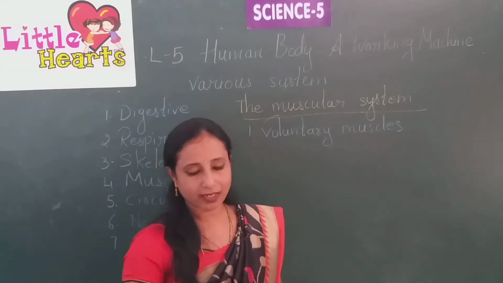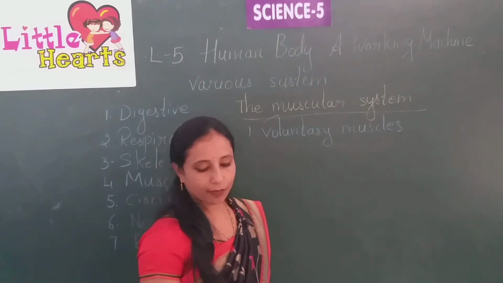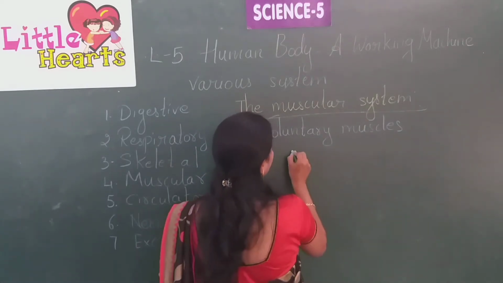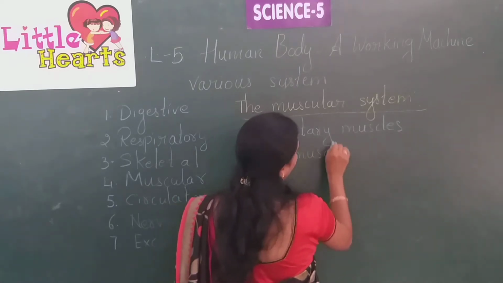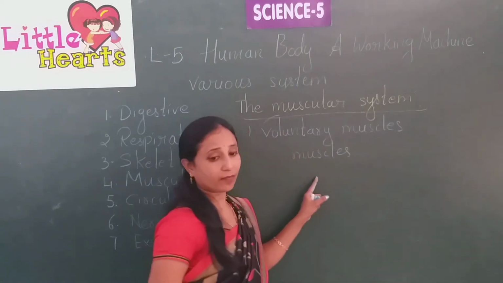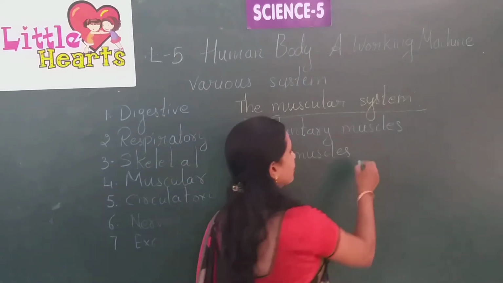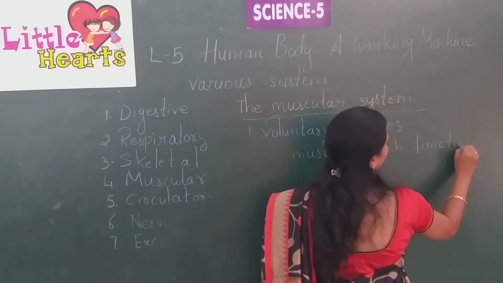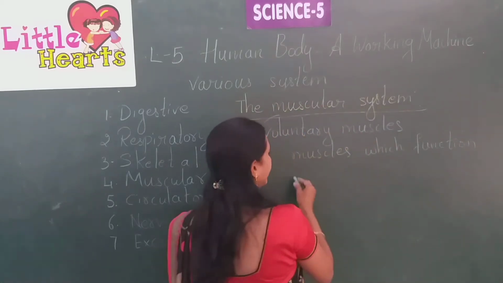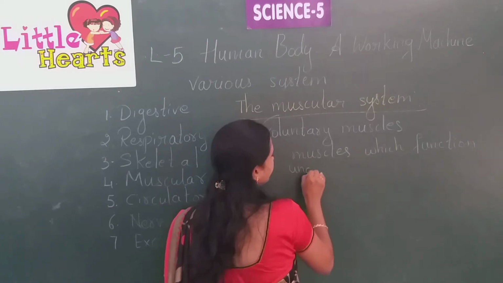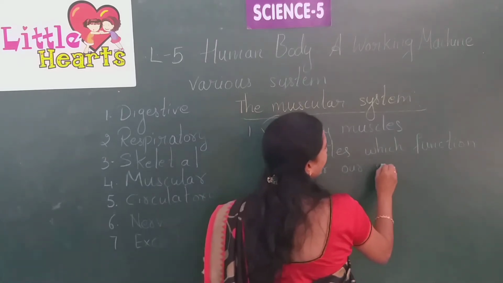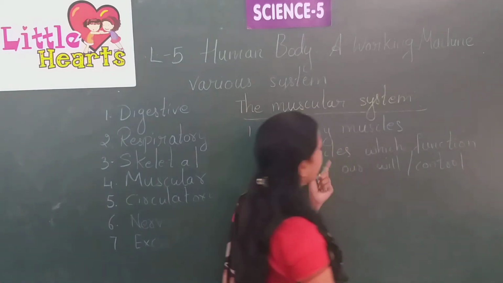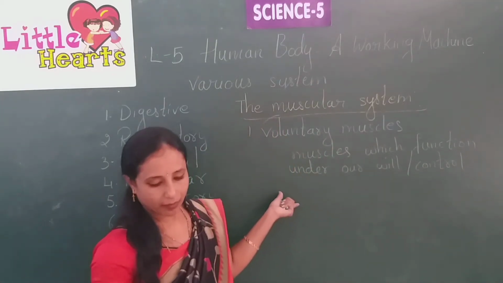Muscles which function under the control of our will. The muscles which function under our will or control are known as voluntary muscles.